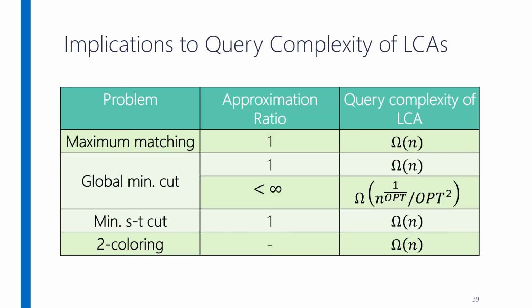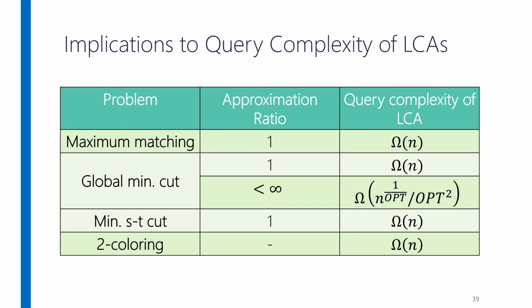As mentioned earlier, our lower bounds for average sensitivity imply lower bounds on the query complexity of LCAs. Now, one thing to note is that there cannot be sublinear query LCAs for exact versions of maximum matching, global min cut, and min ST cut.